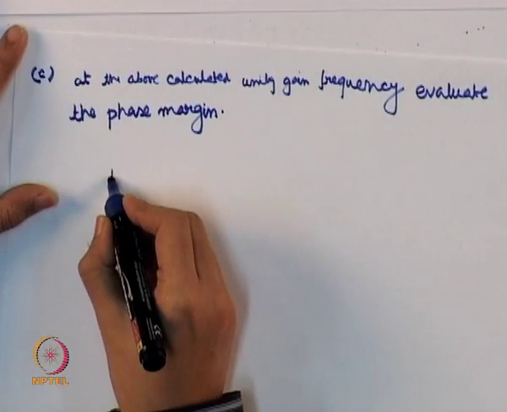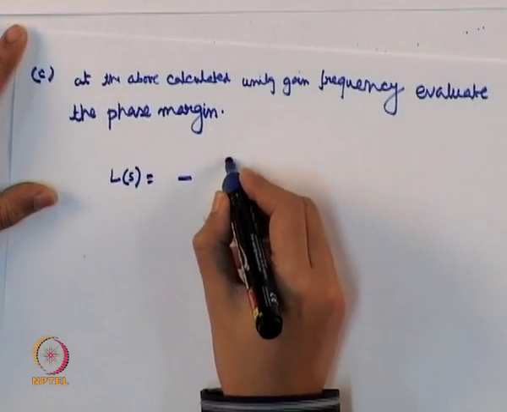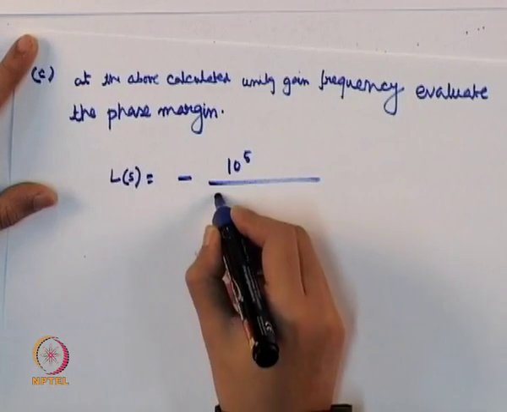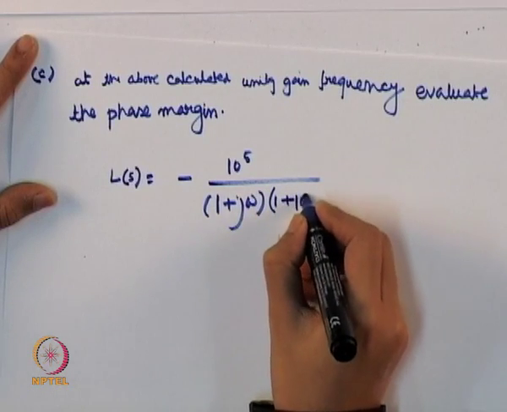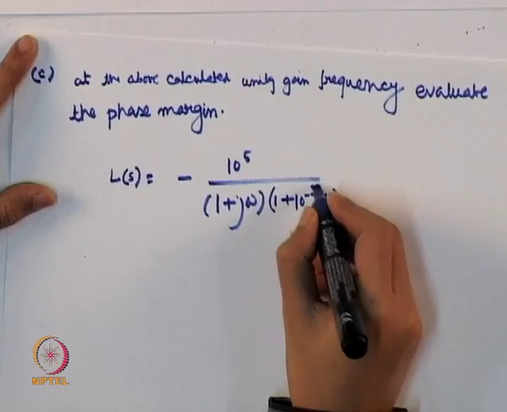So, our Ls was, we will start from Ls equals 10 to the power 5 by 1 plus j omega into 1 plus 10 to the power minus 3 j omega.